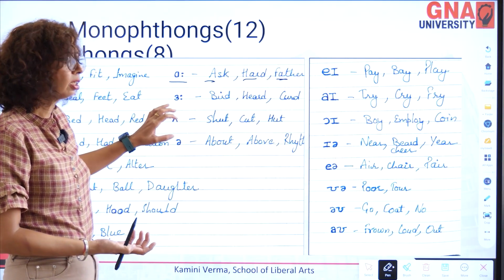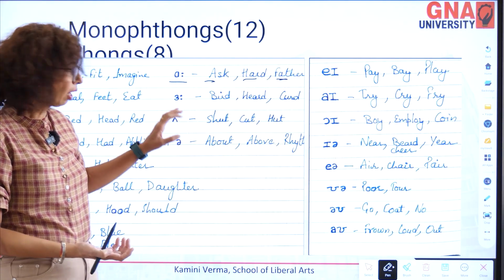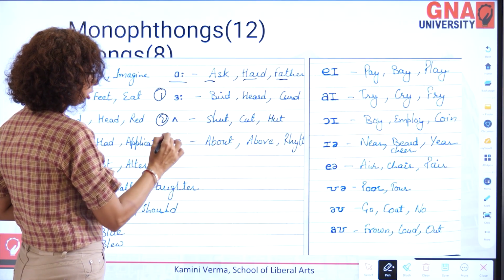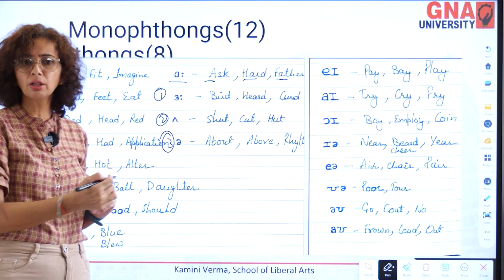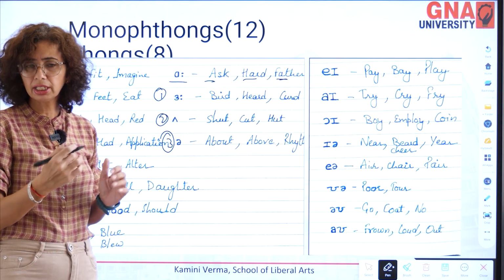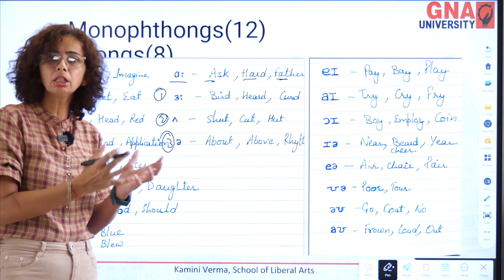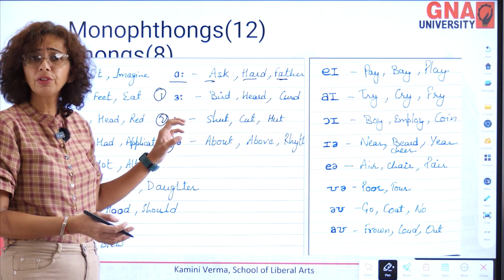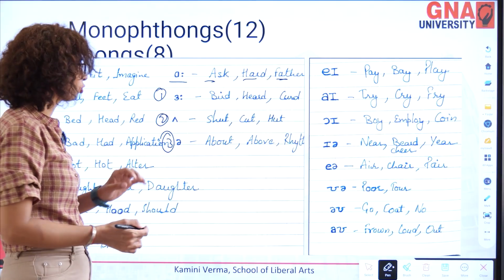Next one is the A sound for us. Now, the next three: this is number 1, this is number 2, and this is number 3. Three of them are the A sounds of English. If you relate it with Hindi, yes, I'm saying the A sound of English. But the three of them are a little different from each other.